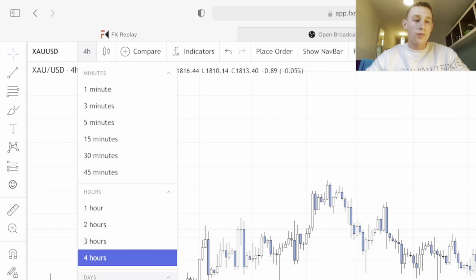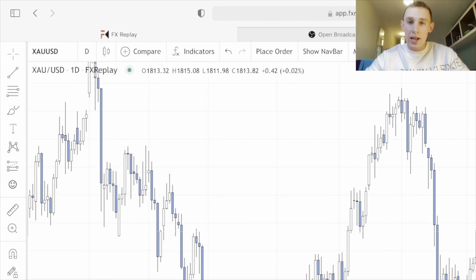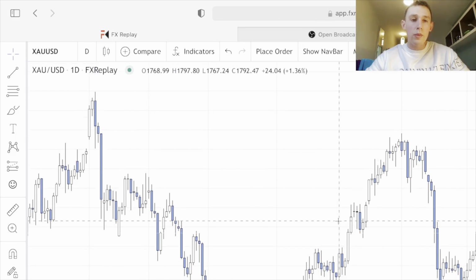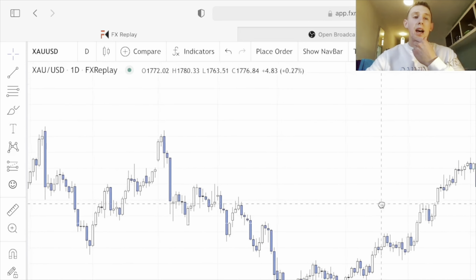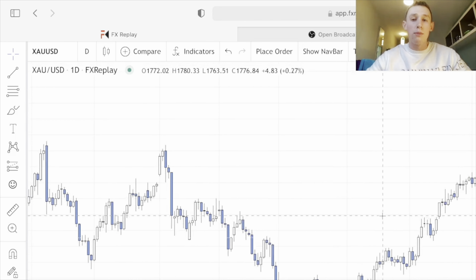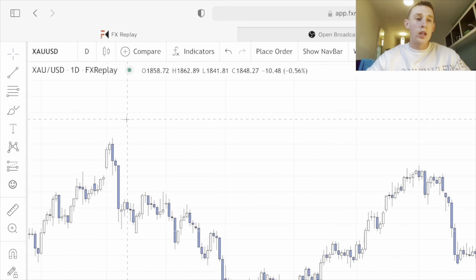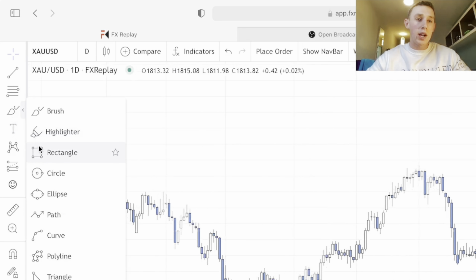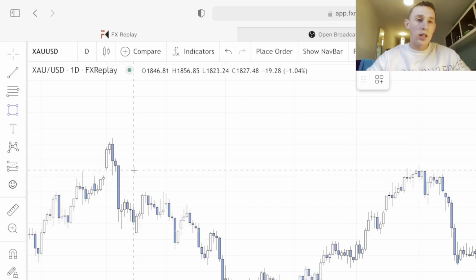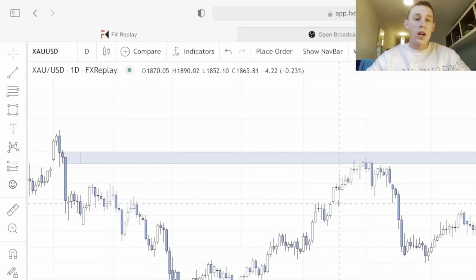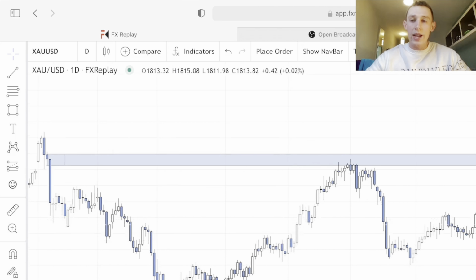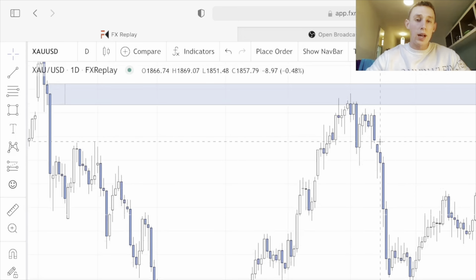Starting off on the daily, what we can see is that at this point in time, price was overall bearish on the daily time frame. We came to this area of imbalance here, we filled it, and then we started breaking past all of the areas of demand on the daily time frame, showing very bearish price action with this impulsive move.